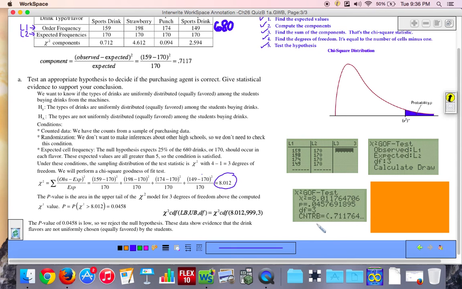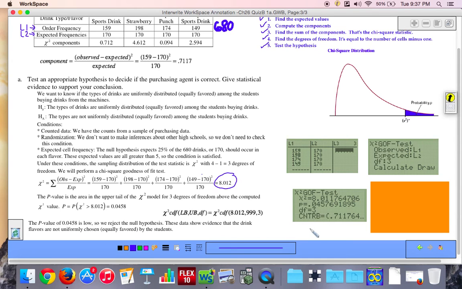Okay, so let's take a look at this a little bit further. Can everybody go back to their list? And now that we've made this calculation, we're going to go back to our list and we're going to go to list 3. And we're going to arrow up to the top of list 3 and we're going to hit second list and arrow down till we see capital CNTRB, just like this.